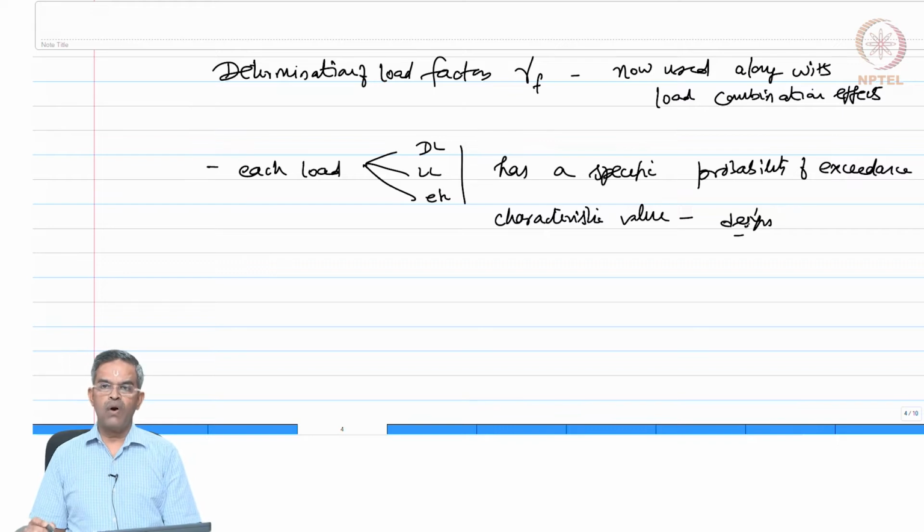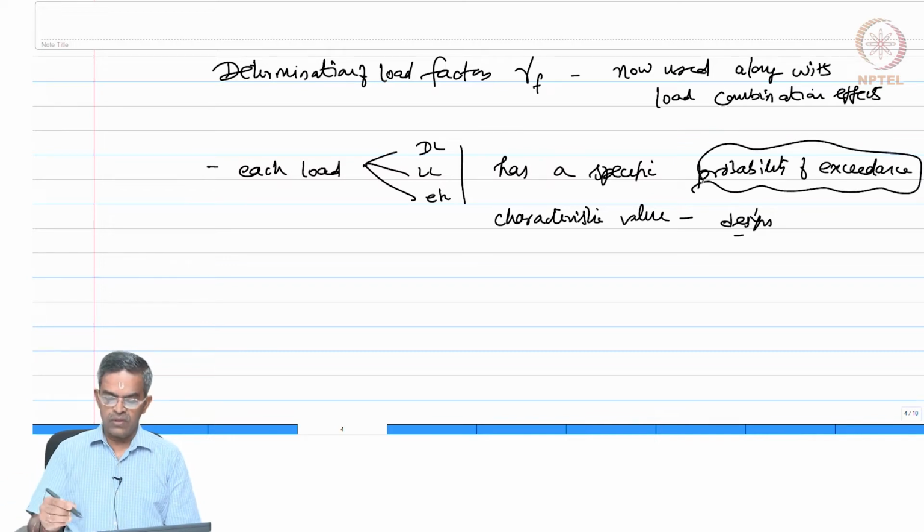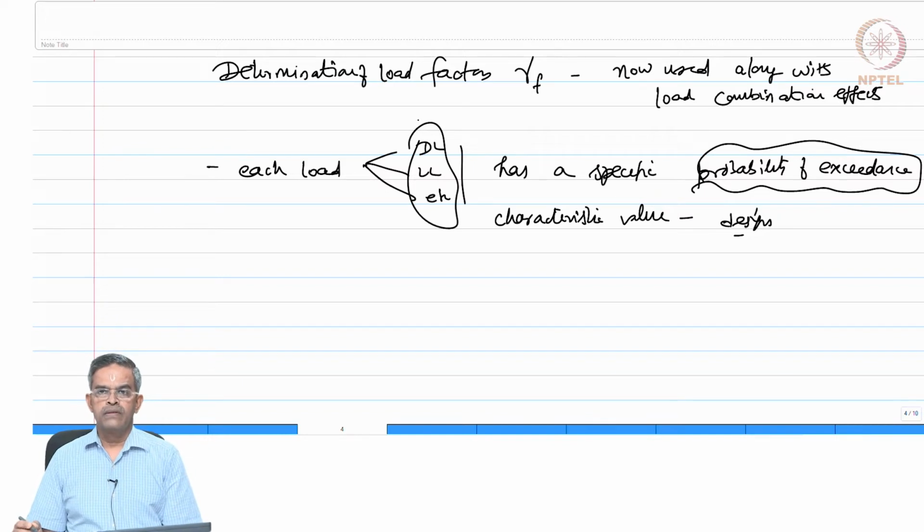And obviously, we all agree the probabilistic exceedance of these loads, for example, cannot be the same, right? They can vary because some of them are environment dependent, some of them arise from the machinery and equipment, some of them arise from the gravity loads of the structural system.